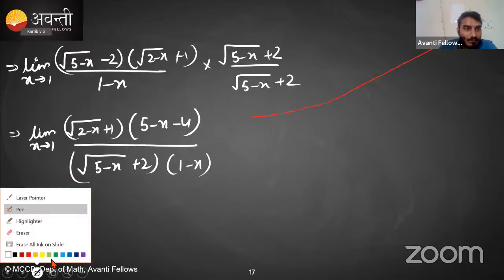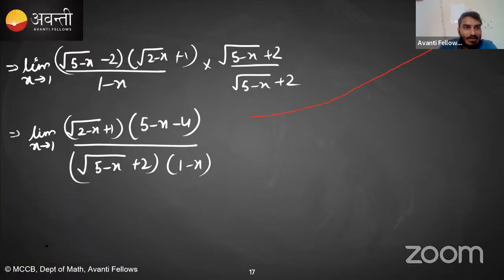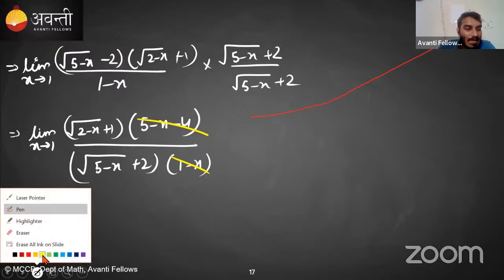Clear? If it is clear, students, what is this? 1 minus x, and here it is 1 minus x, so this and this cancel out. Now we no longer have the 0 by 0 form. We got rid of the indeterminate form, so now directly put x is equal to 1 and get the answer.